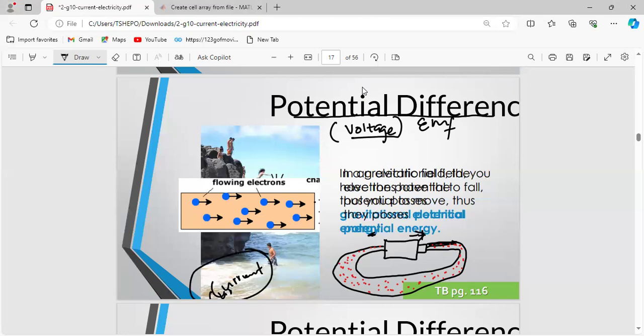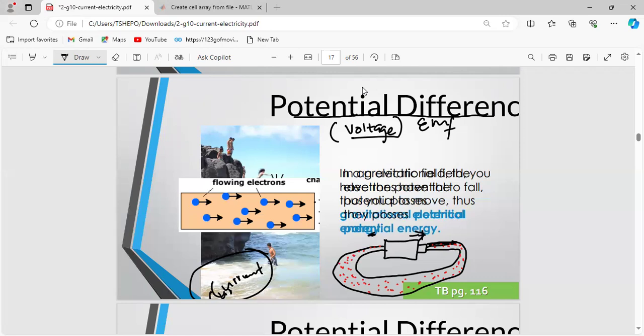So that means current depends on the voltage from a battery. Because how would these electrons flow if there was no battery? We need a battery so that there can be a flow of electrons inside of the resistor or the conductor. You understand what I'm saying? So the current depends on the voltage, because without the voltage from a battery, there is no current in the circuit at all.